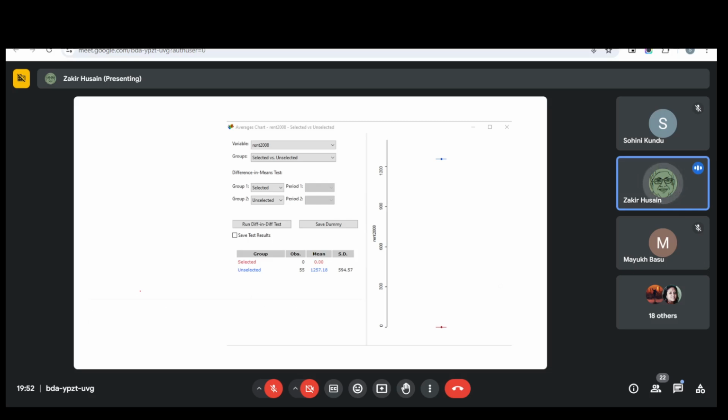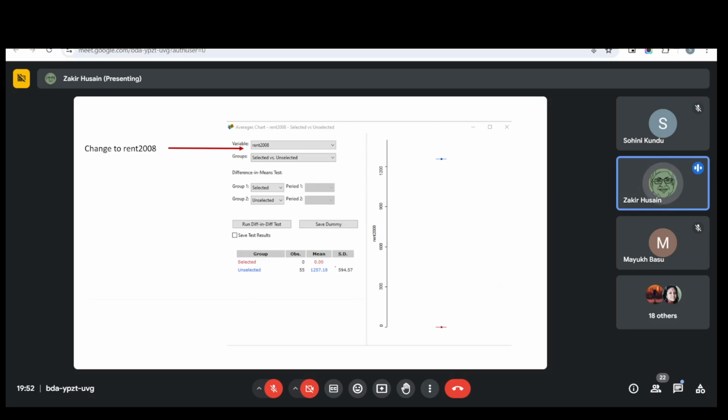So a window will open up and you have to change this. Normally, the first variable in the data set comes over here. So you have to change it to the variable of interest. And as soon as you do so, you will see that you haven't selected anything. That is why the mean of rent is 0.